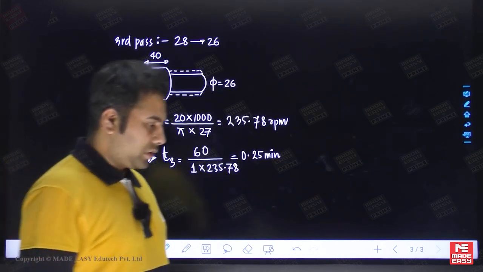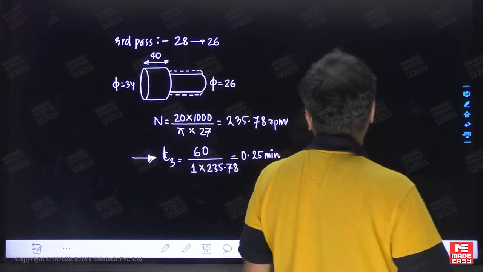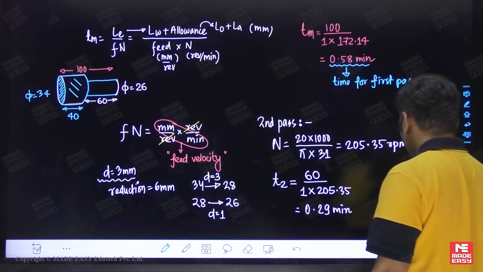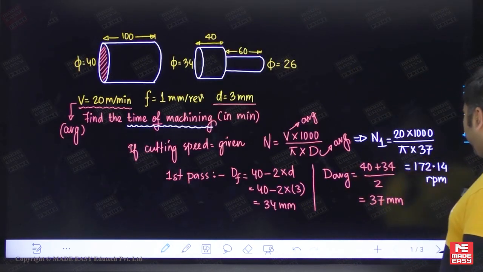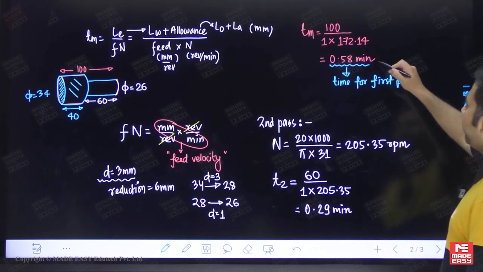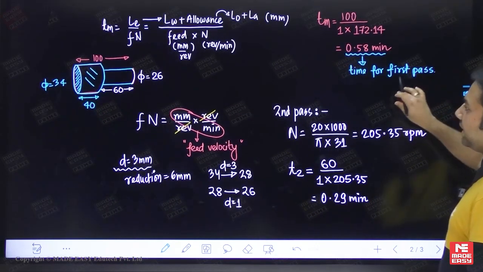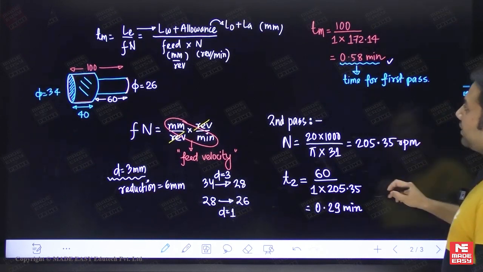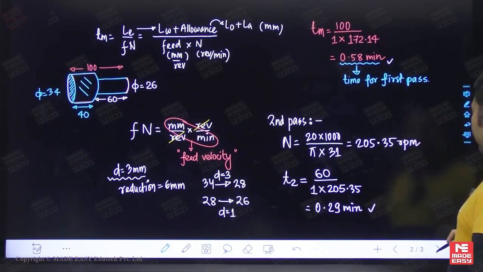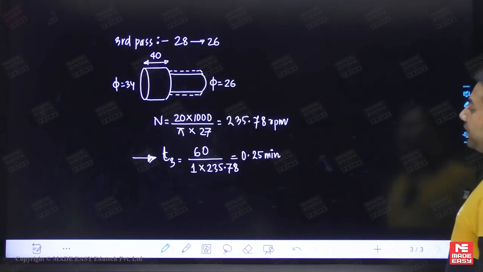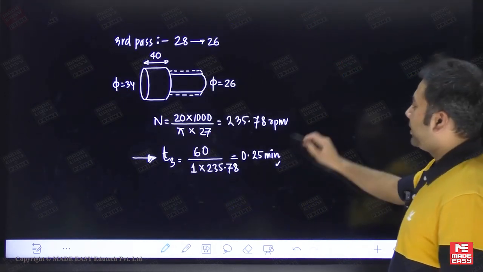Okay, so now we are done with the total machining. So the first machining time was equivalent to 0.58, then it is 0.29 minutes, and then we have 0.25 minutes.